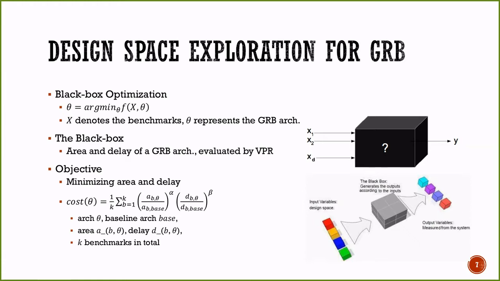So the black box is the area and delay of a GRB architecture evaluated by VPR. This page shows the objective function in our optimization process. In this work, we minimize the area and delay obtained by a GRB architecture.